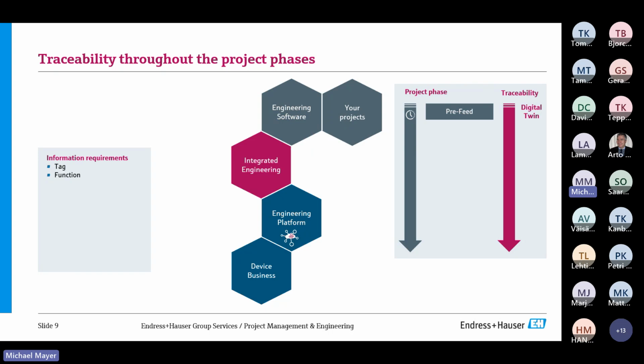What exactly is supposed to be measured, how much? And over time, we get more data. In the FEED phase, process data. So we are already able to create a rough, as I've shown it here, a rough digital twin. So as a response, we think this flow meter might match your requirements roughly.